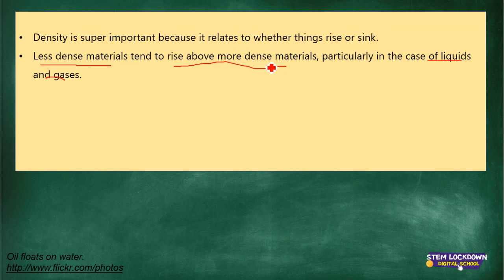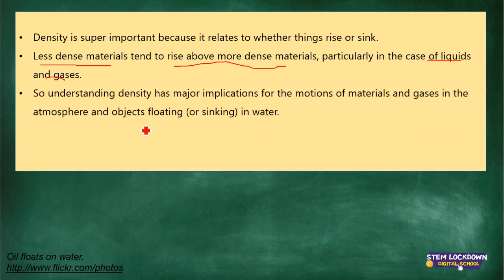So this means that the less dense materials can float above more dense materials, like I'll show you an example just now, especially in liquids and in gases. But in the meantime, I want you to think of what material can float above water. What liquid can float above water?